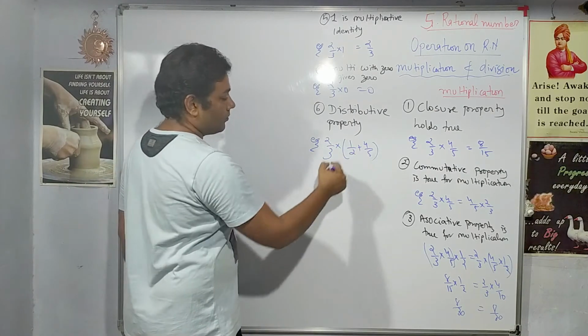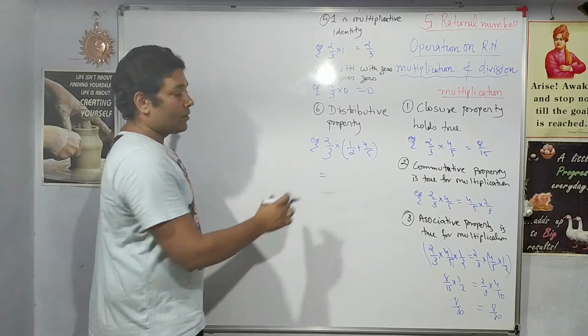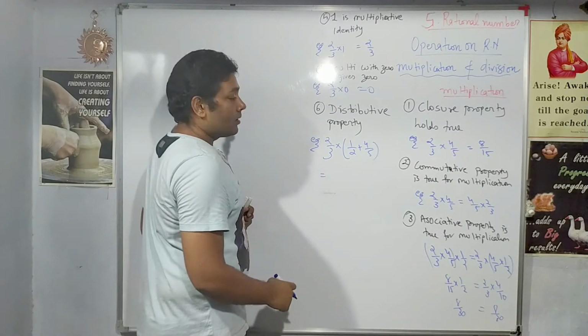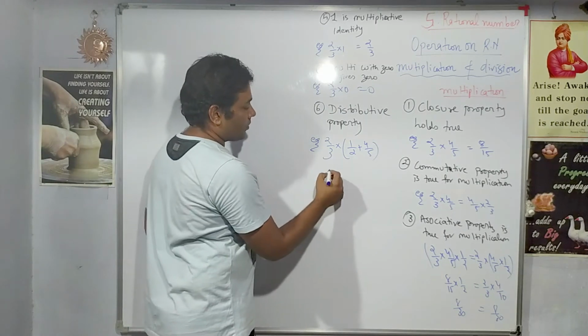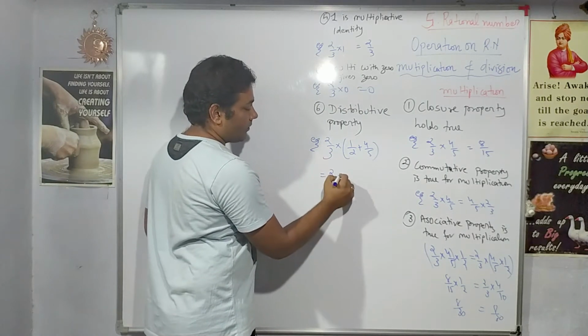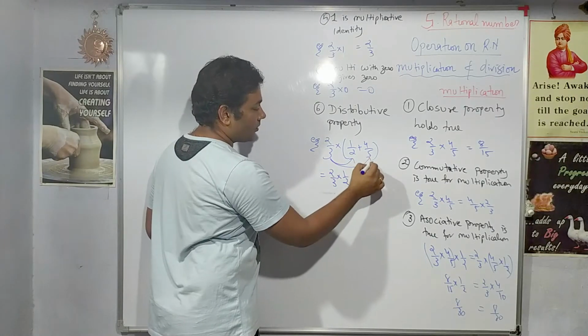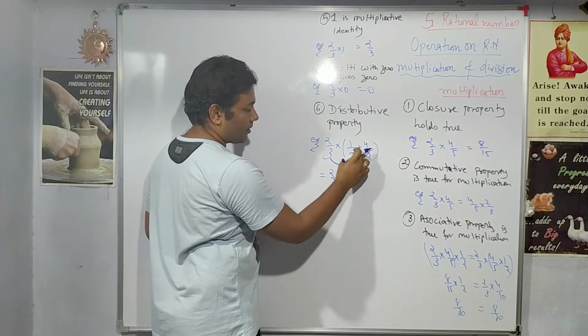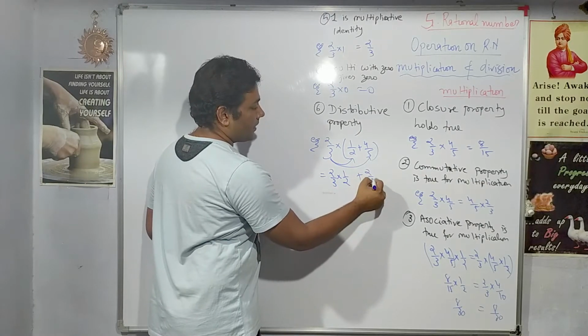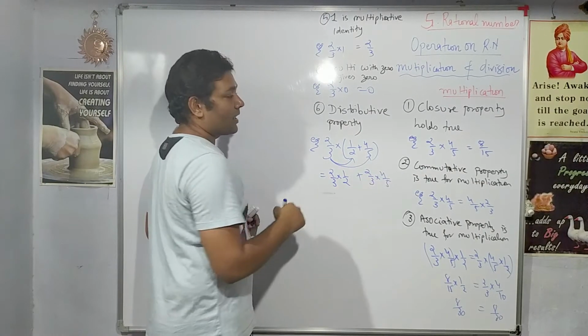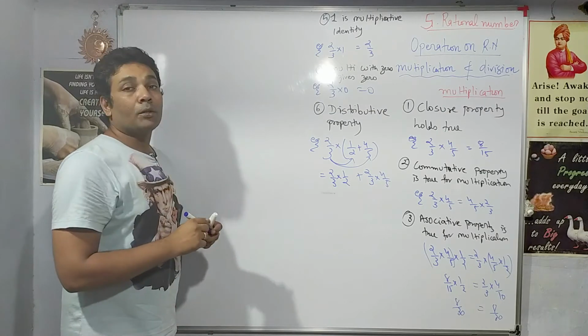How will you solve this equation? 2 by 3 first gets multiplied with the first number and later with the second number, plus 2 by 3 multiplied with the second number. Please see the method. This is called the distributive property.